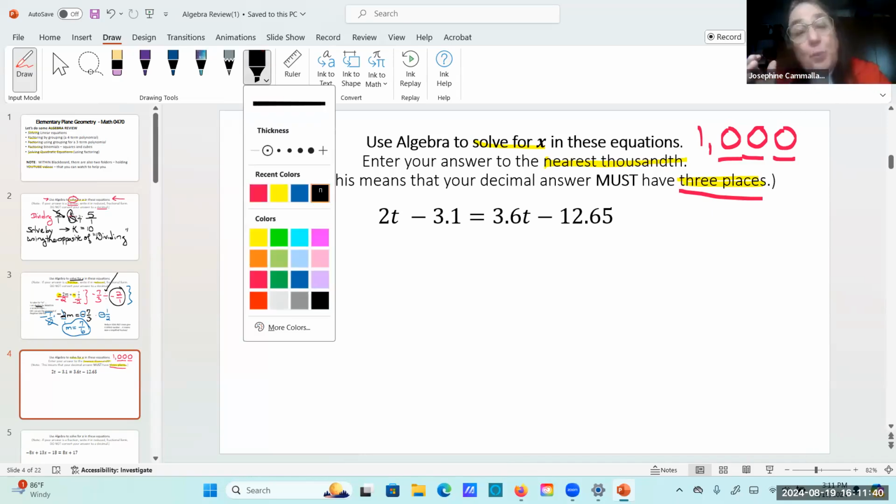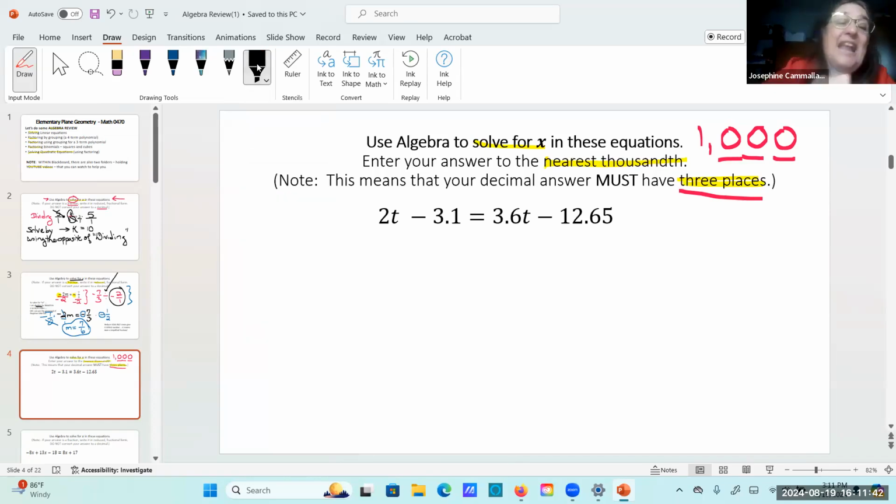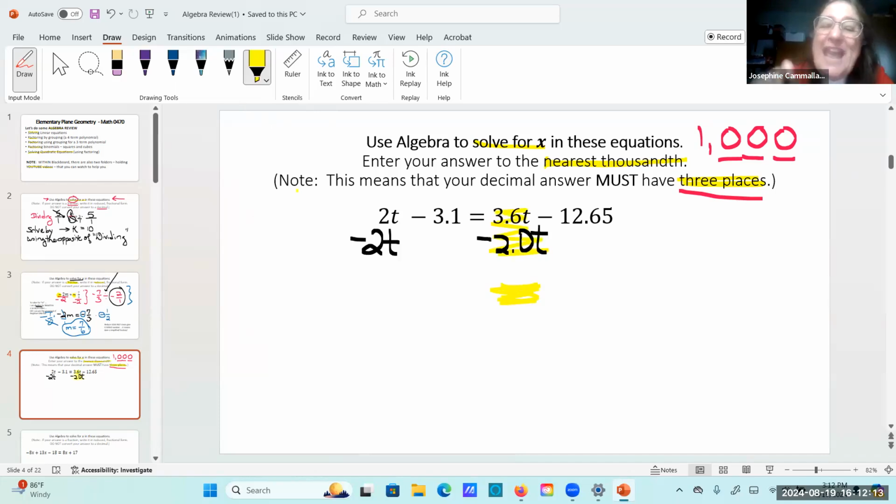Now, you can do this 2 ways. I like to take this positive 2t and subtract 2t from both sides. Now remember, 2 is 2.0t. Now, why did I do that? Because when I put these 2 terms together, I am going to get a positive answer.